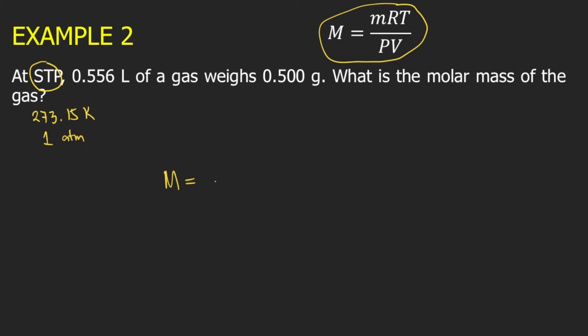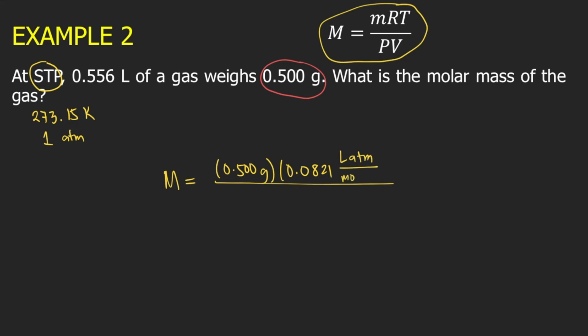Molar mass is equal to m, which is given in the problem, 0.500 grams. R is the gas constant, 0.0821 liter atmosphere per mole Kelvin. And T is the temperature, which is the standard temperature, 273.15 Kelvin.